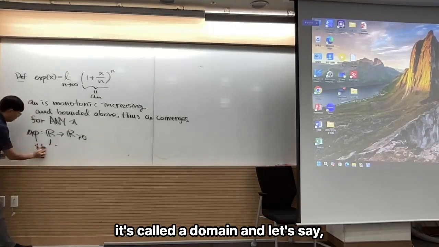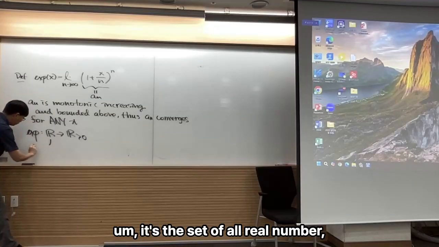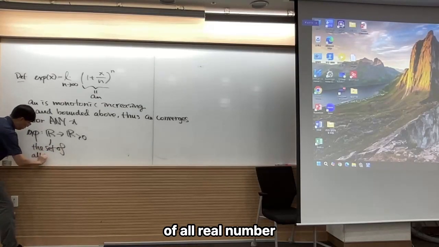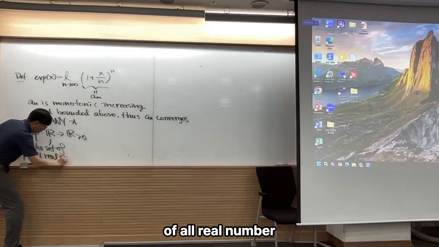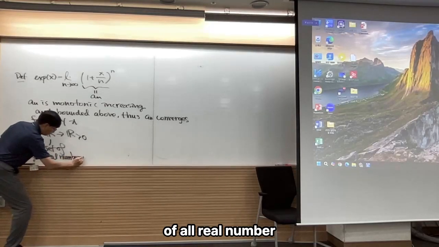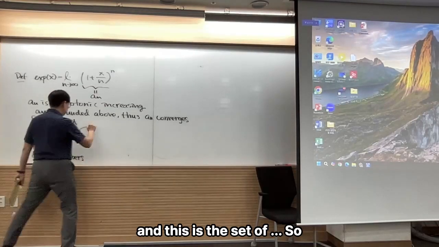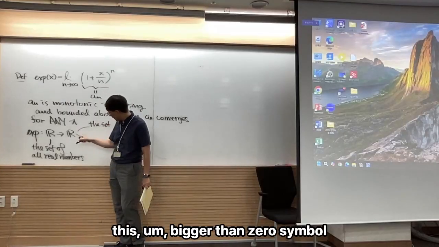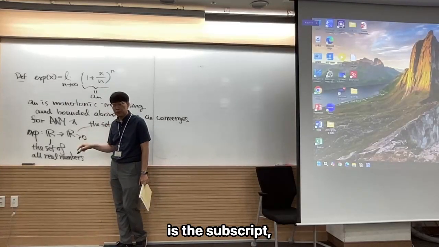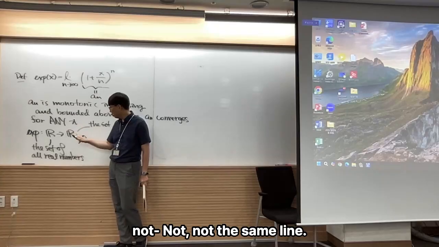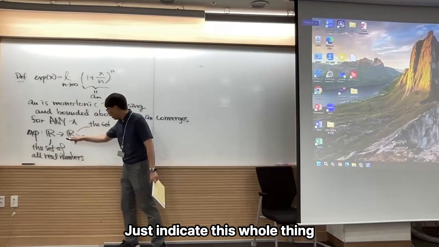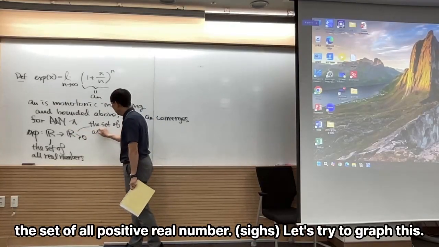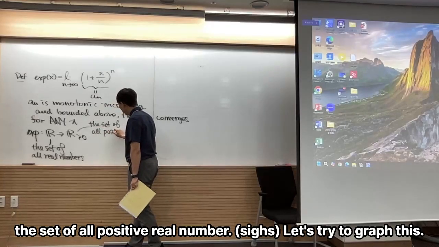Let's say it's the set of all real numbers, and this is the set of all positive real numbers. The bigger than zero symbol is a subscript, not on the same line. It's a subscript, and the bar just indicates this whole thing is one symbol.